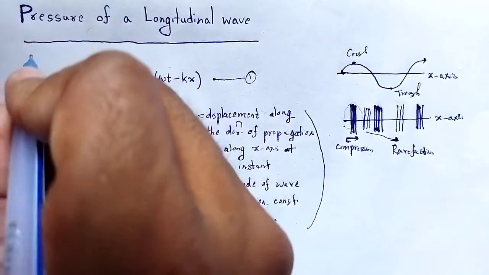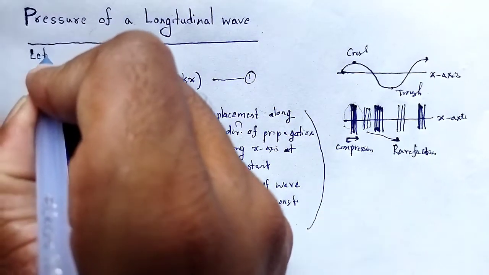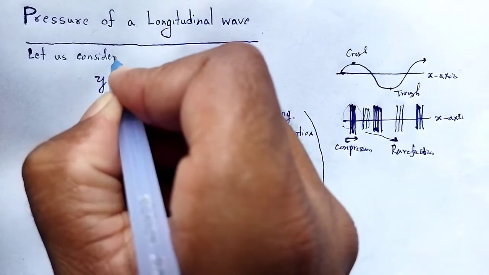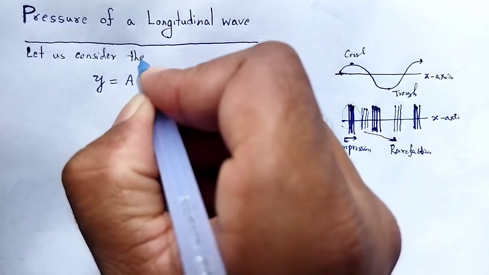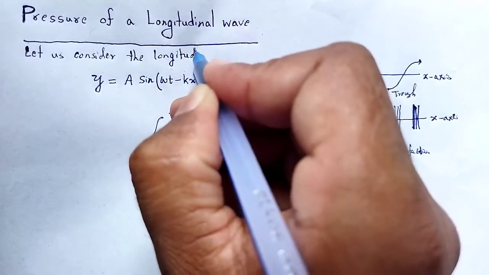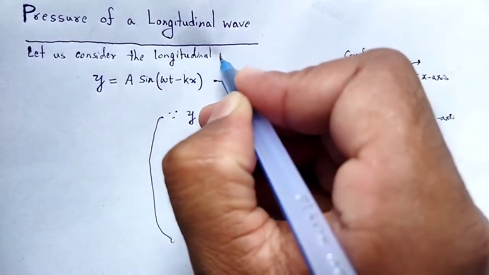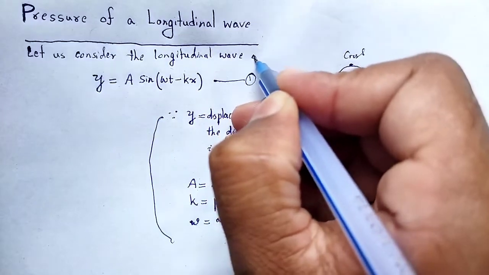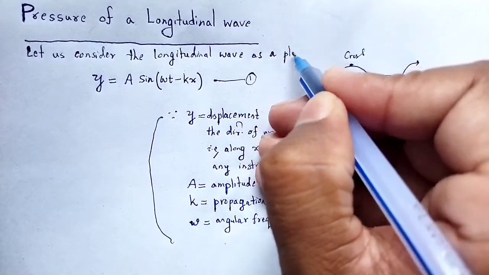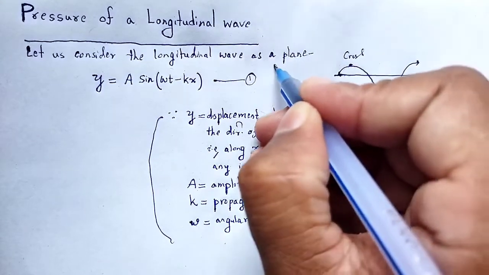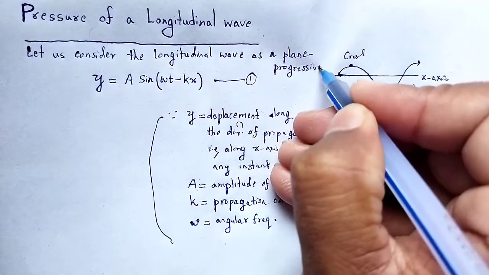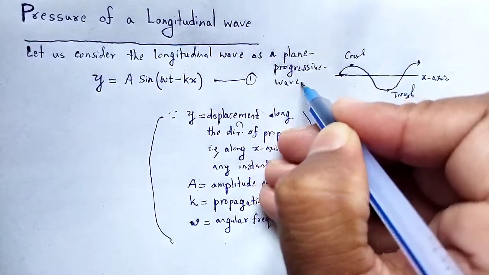Here we consider the longitudinal wave as a plane progressive wave.